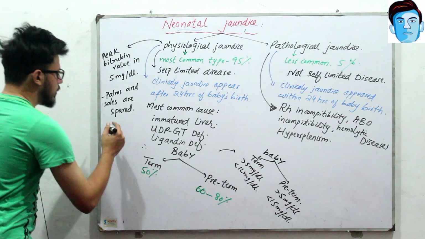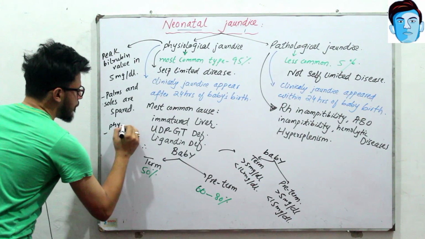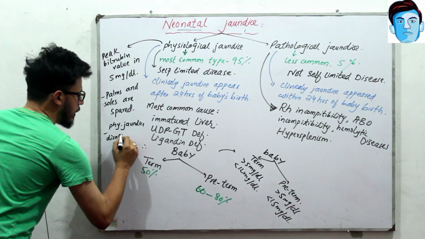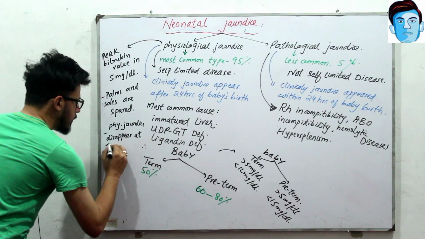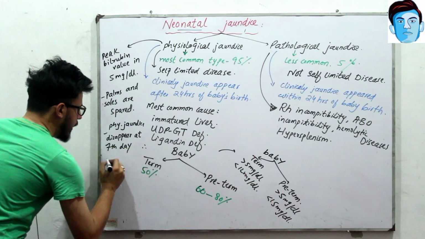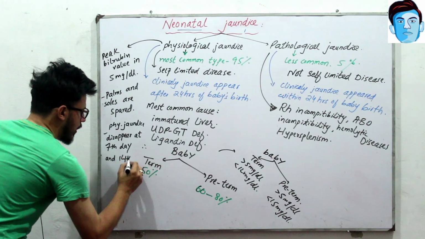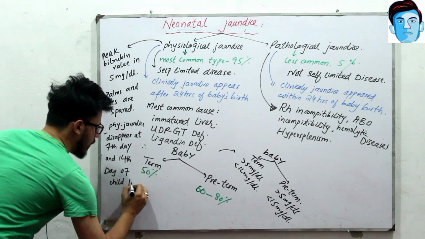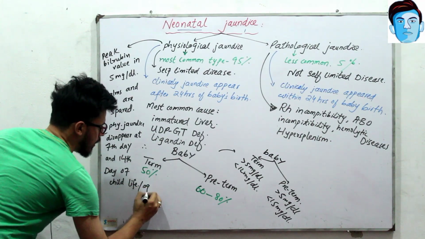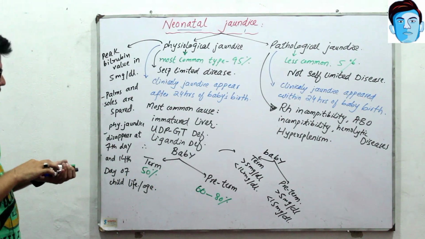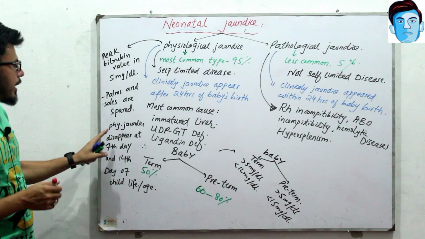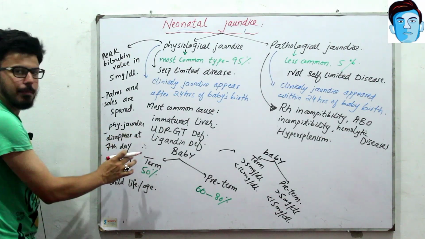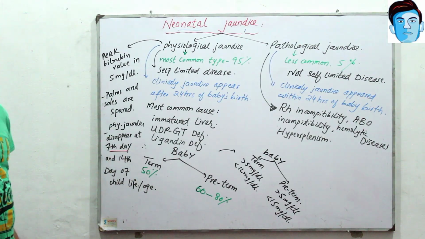Now, physiological jaundice disappears at 7 days and 14 days of the child's life or age. So if a baby has physiological jaundice and the baby is at term, the jaundice will disappear at 7 days of age.